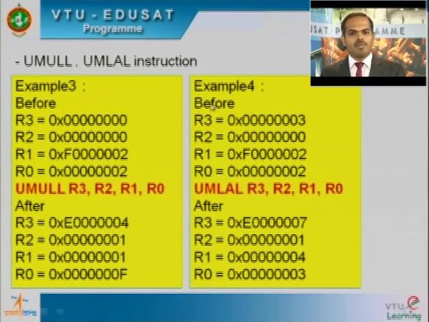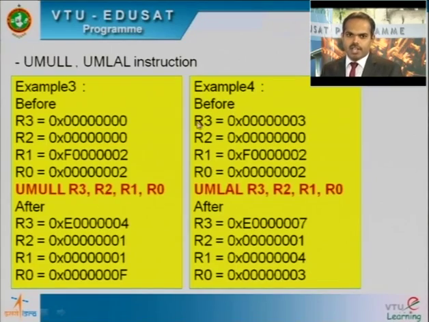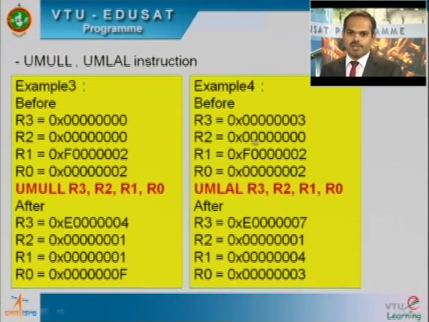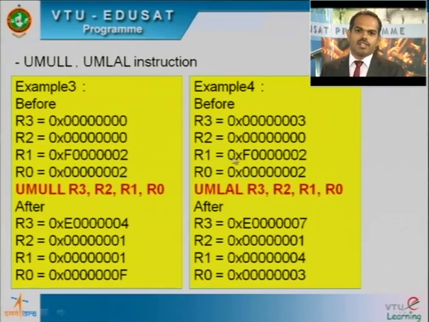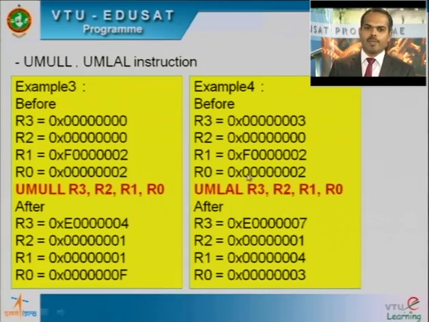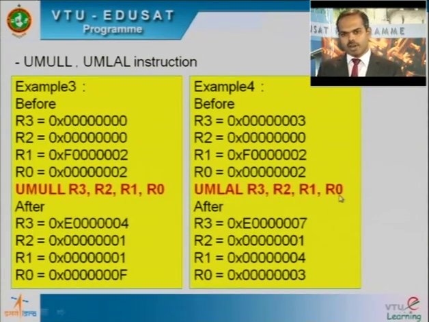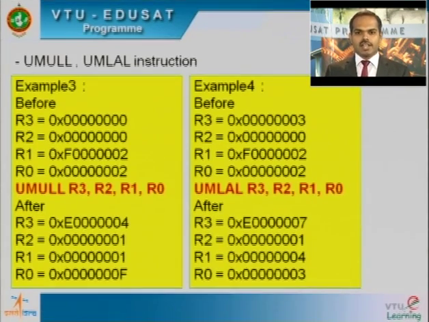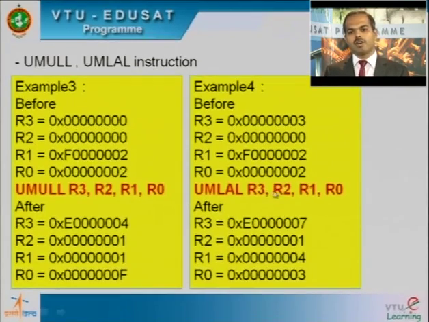Example 4. Before the execution of the instruction, R3 value is 3, R2 value is 0, R1 value is 0x followed by 6 zeros and 2, R0 value is 2. If we execute the instruction UMLAL R3, R2, R1, R0, it multiplies the content of R0 and R1, then adds the result with R3, R2 together.